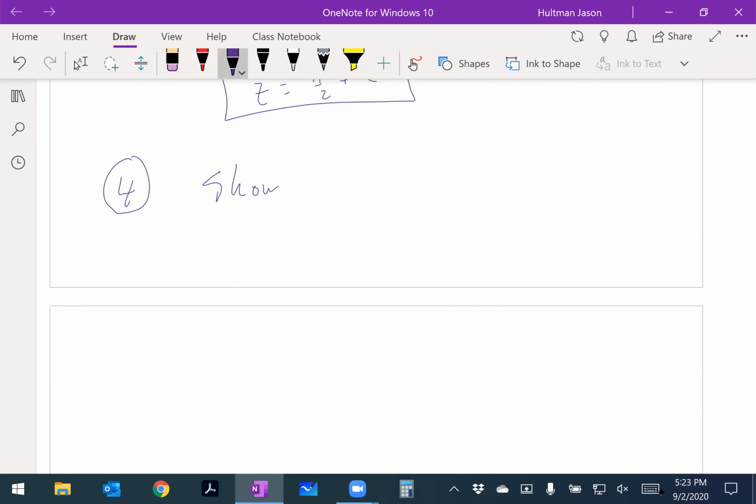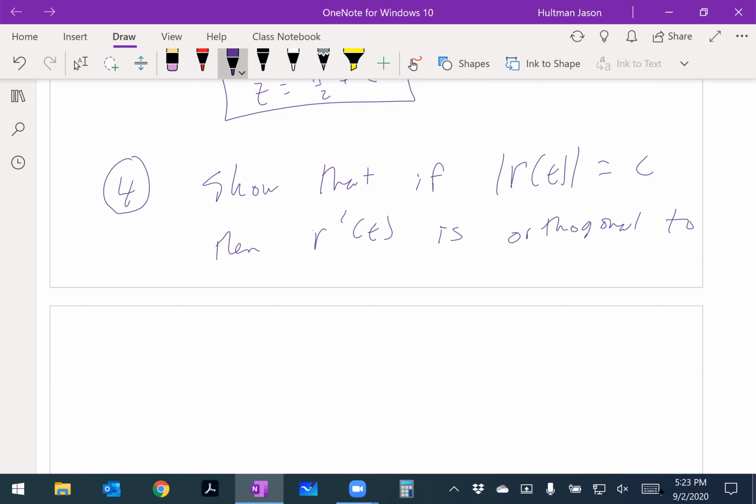Okay, show that if the magnitude of r of t is equal to a constant, then r prime of t is orthogonal to r of t for all t.